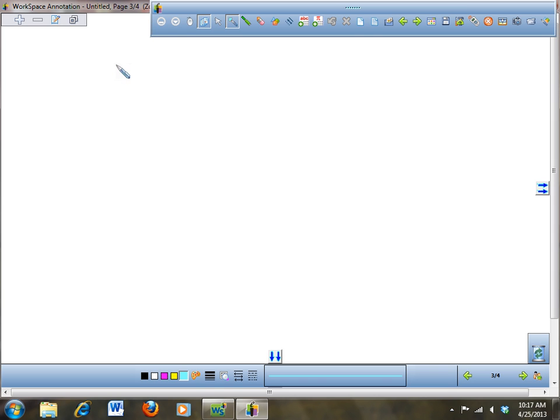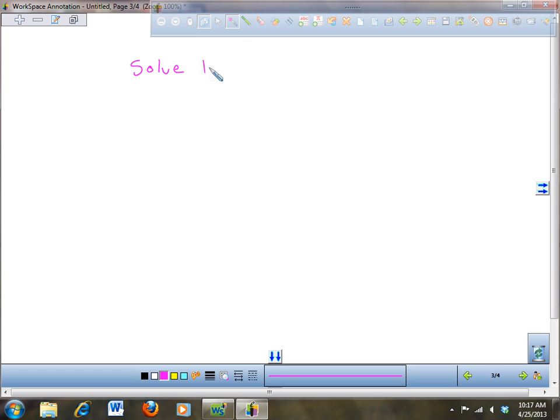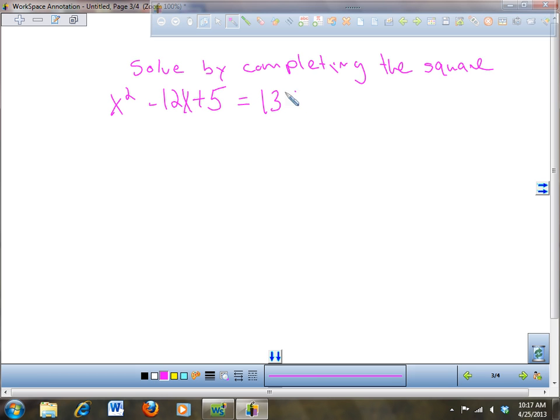Solve by completing the square. Oops, 12x plus 5 equals 138.